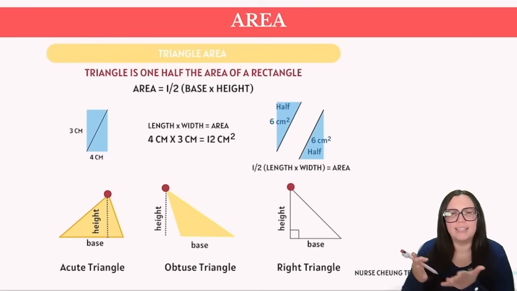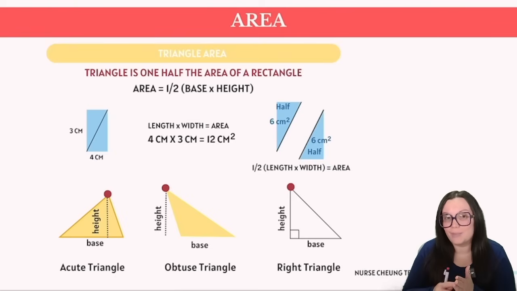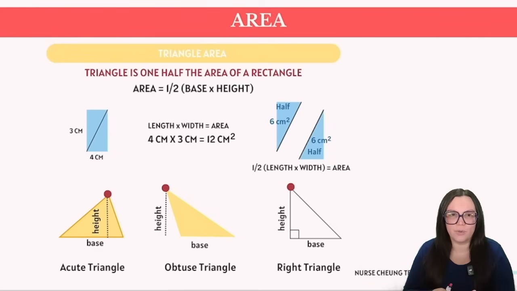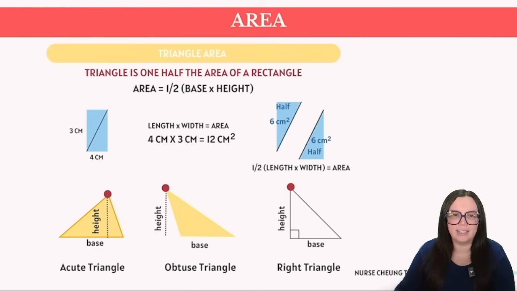Now, how do we figure out the area of a triangle? We're going to begin with a rectangle once more, and this time we have dimensions of 3 centimeters by 4 centimeters. Using our previously discussed formula, the area of the rectangle is 3 times 4, which is equal to 12 square centimeters. Now let's imagine that we slice this rectangle in half diagonally from one corner to the opposite corner.